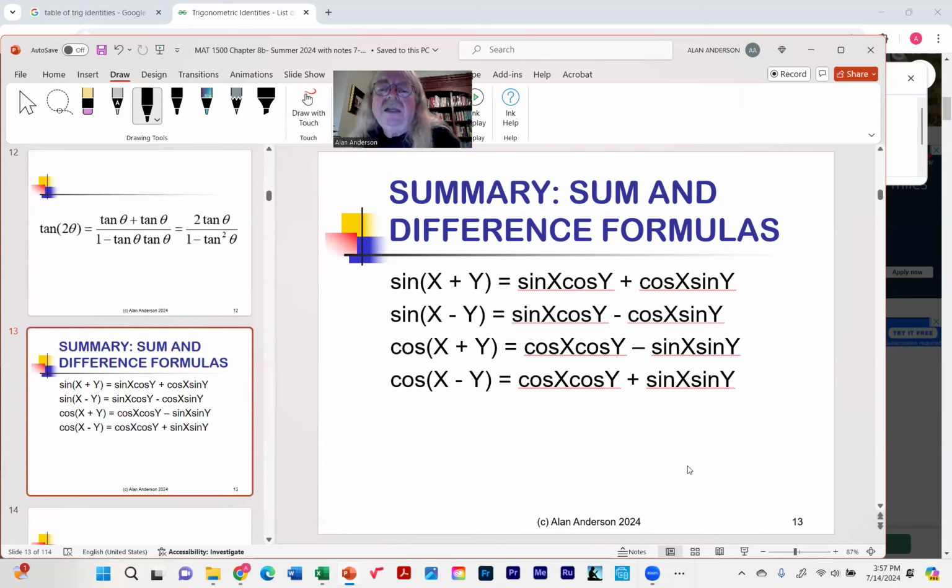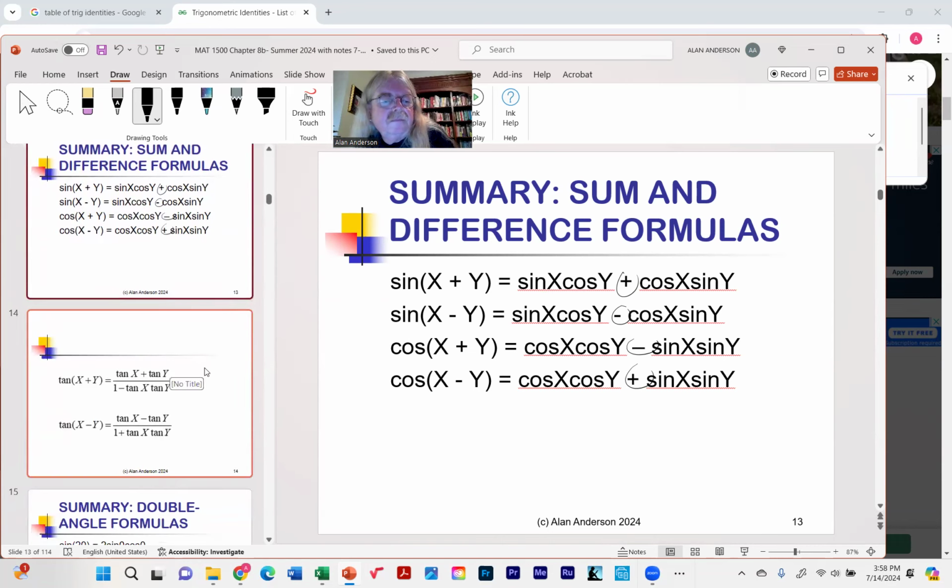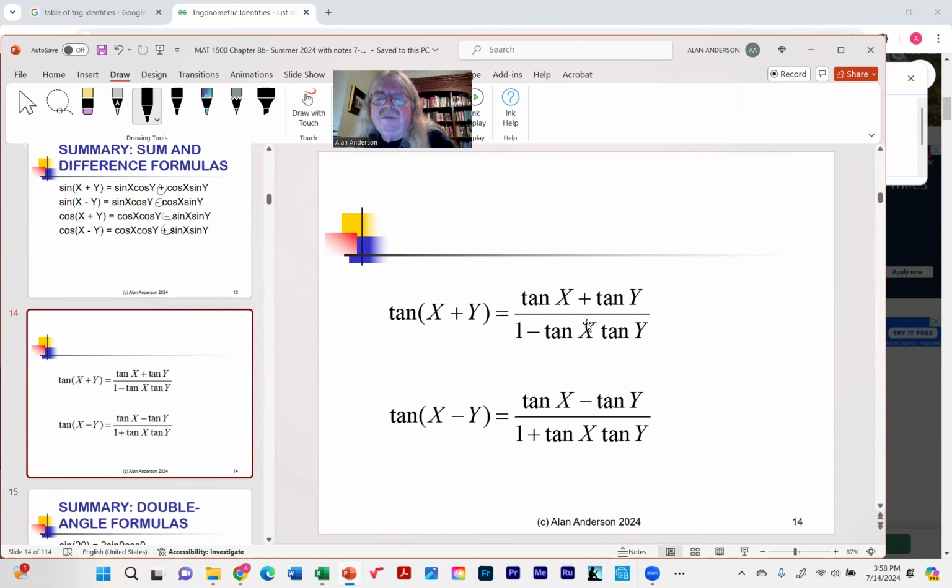But you can see it's just the sign that changes. So those two are only different by the sign. And down here, it's the same thing. The only thing that's different is the sign. So we call those the sum and difference formulas. Same thing with this tangent. We only showed the one with the sum, but the difference has its own version.